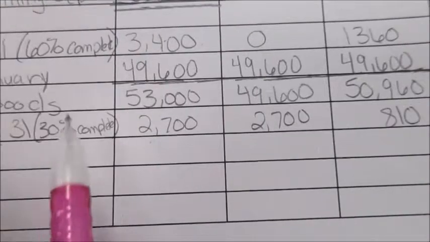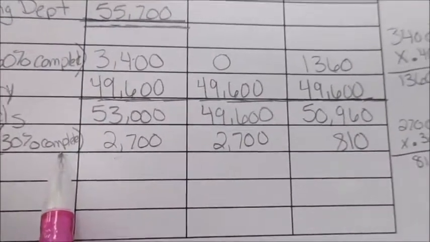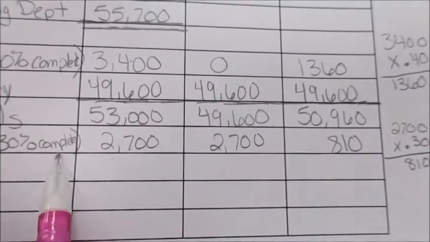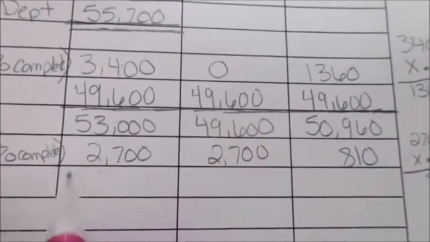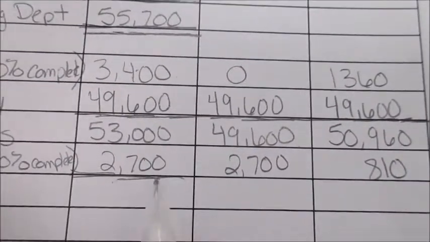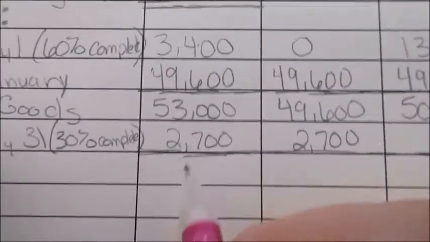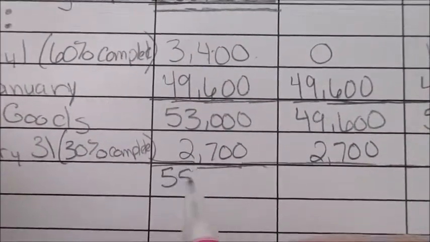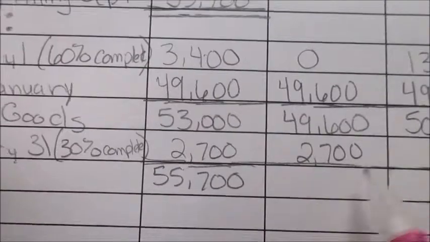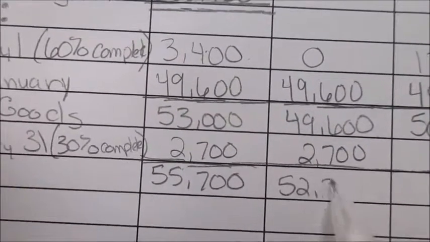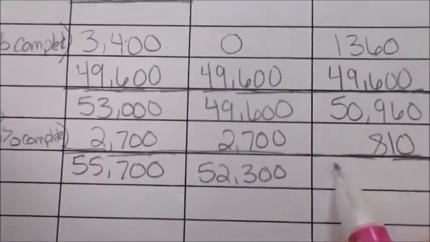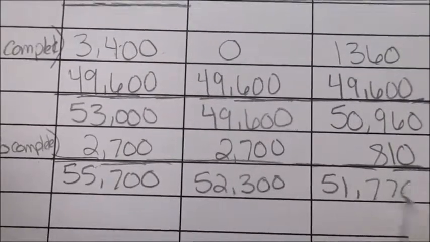Okay? Because that's what we've completed in the month of January, and that's the amount of units we're looking for. We're going to put a single line under here and add these together. And we get 55,700, 52,300, and 51,770.